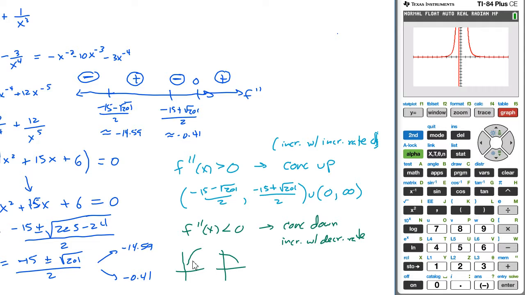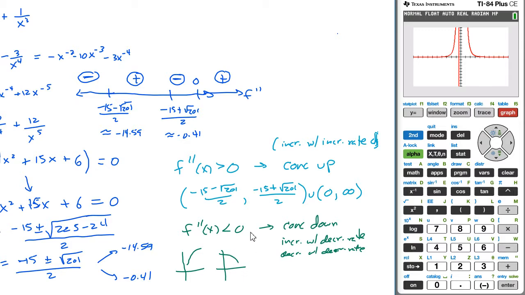Both of those are concave down. As long as the rate of change, the second derivative, is negative, you're concave down. So these would have positive first derivatives but negative second derivatives. This would have negative first derivatives and negative second derivatives.